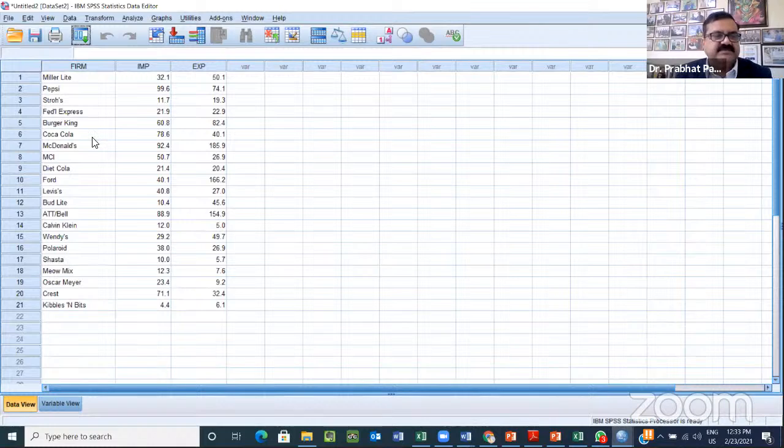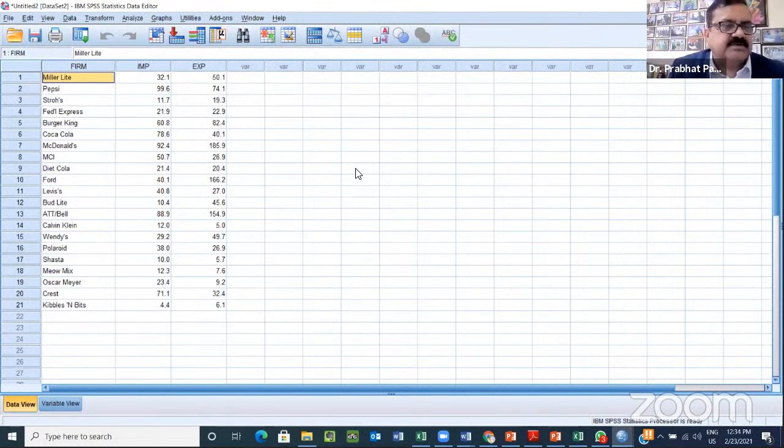with all the variable names and everything. To give you familiarity with the data, it has the names of different firms: Pepsi, Coke, Polaroid, Crest, a lot of companies. This is the data for impression.